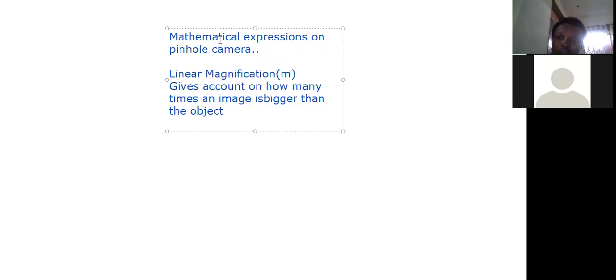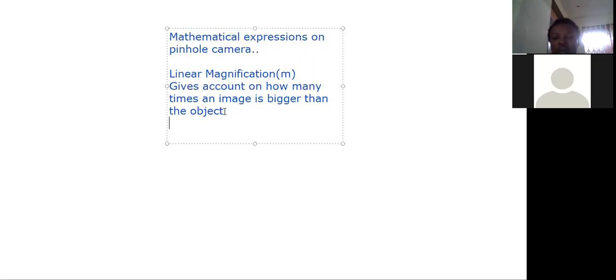So the magnification gives an account of how many times an image is bigger than the object. And so we are going to consider magnification. Now magnification is dependent on the image distance, the object distance, the image height and the object height.